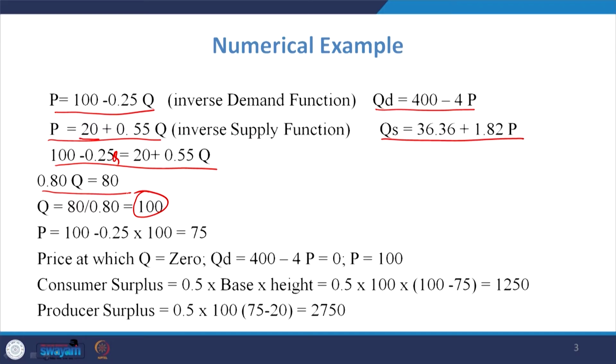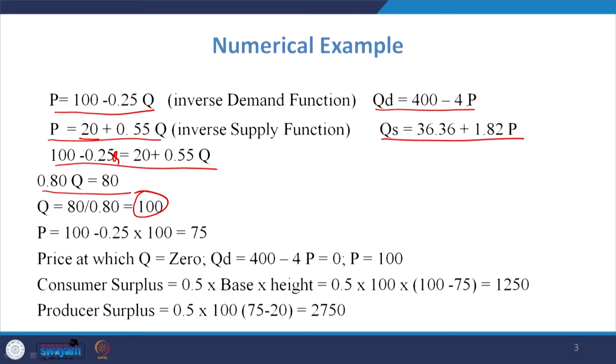If you take this price function or this QD function, for example, QD is 400 minus 4P, and if you put 75, P is 75. So, 400 minus 4 into 75.